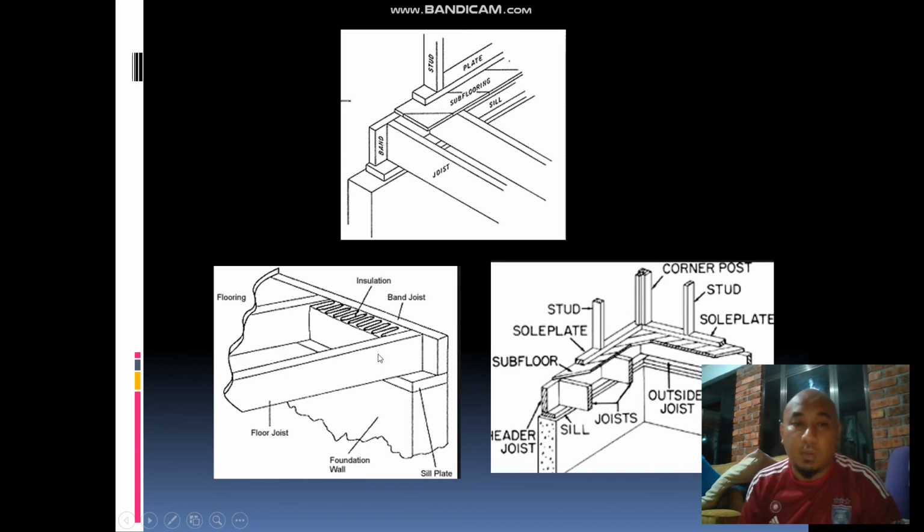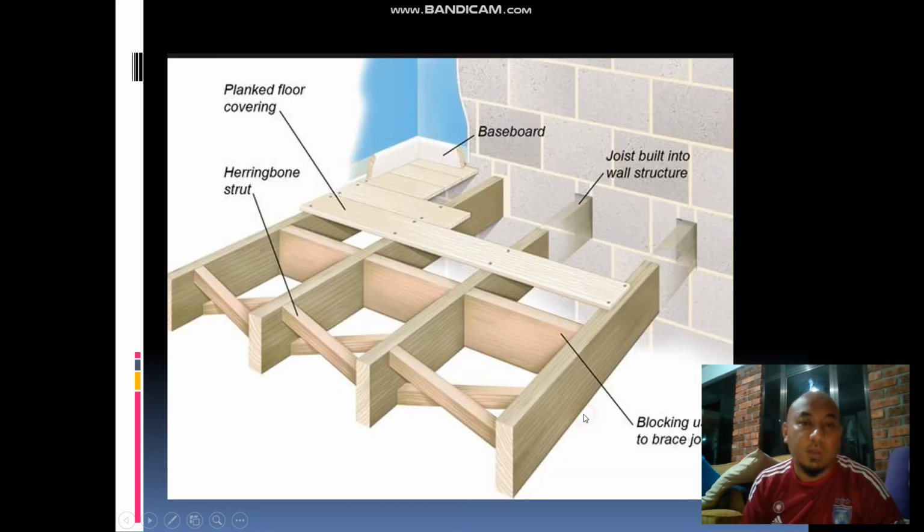Alright, another is picture number 3, and you can see this. They have the added joist, the subfloor, the sole plate, the stud, and then the corner post, stud, sole plate, and at the bottom they have the sill, the outside joist and sills. Okay, so let's go to another picture.